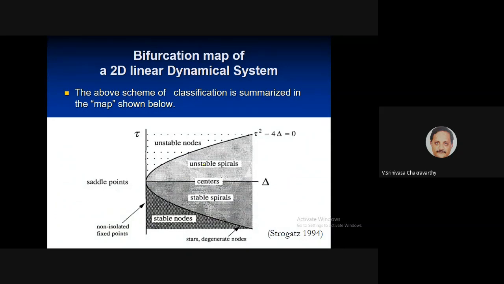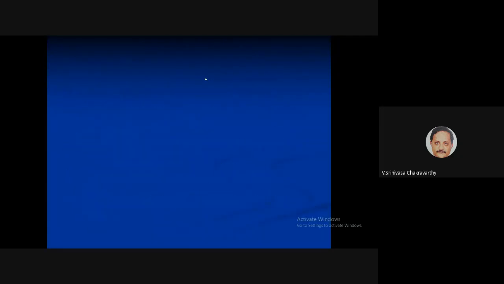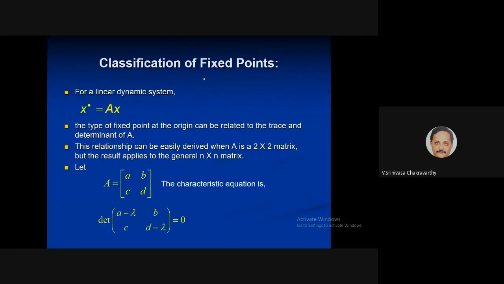So basically what happens is, as you vary some parameter, the dynamics suddenly changes. That is, what was a stable node until then suddenly becomes unstable, and so on and so forth. You can find all these interesting cases. Such a sudden change is called a bifurcation. In dynamical systems, this is very important for us when we study neurons, because you see bifurcations happening all the time when you study neural dynamics.